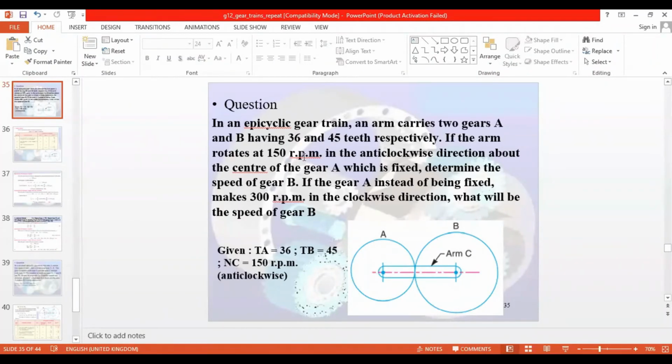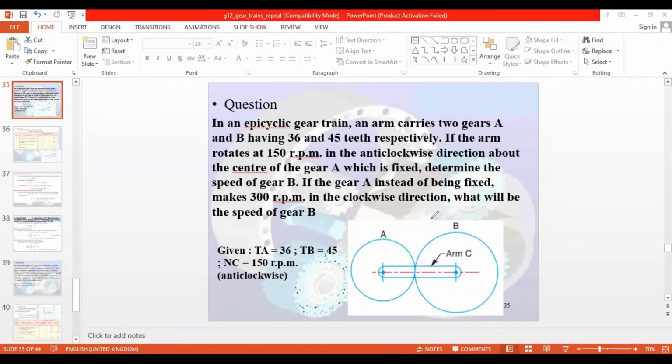If the arm rotates at 150 rpm in the anti-clockwise direction, this is going to move this way about the center of the gear A, which is fixed. So now the gear A is fixed. Determine the speed of gear B. So under these conditions, you need to find the speed of the gear B.